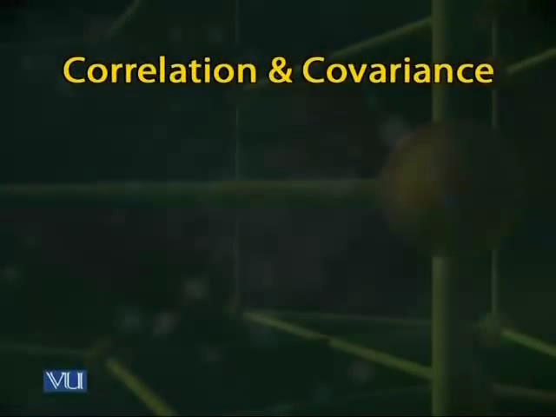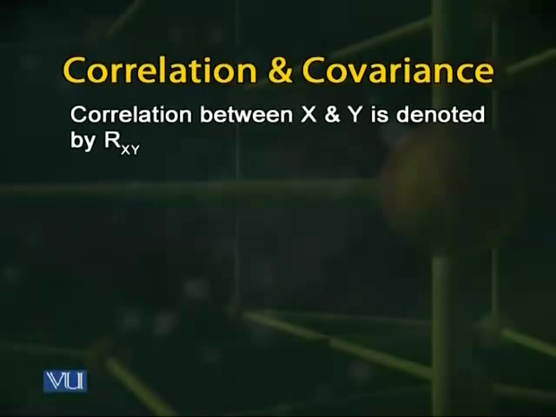Before we do that, let's have a quick look at the formulas that we are going to use to find correlation, covariance and correlation coefficient. As you can see on the slide, the correlation between two random variables is a weighted average of the multiplication of the values attained by the two random variables.